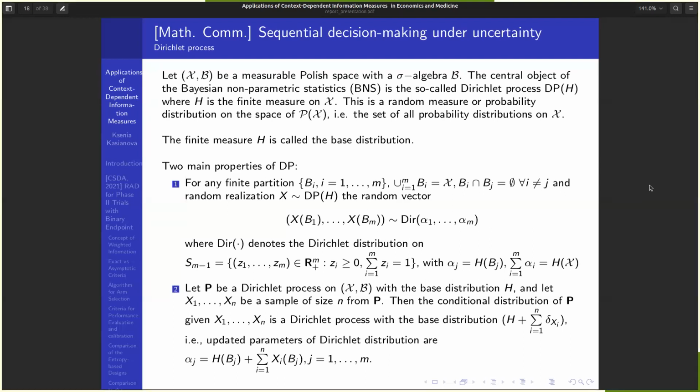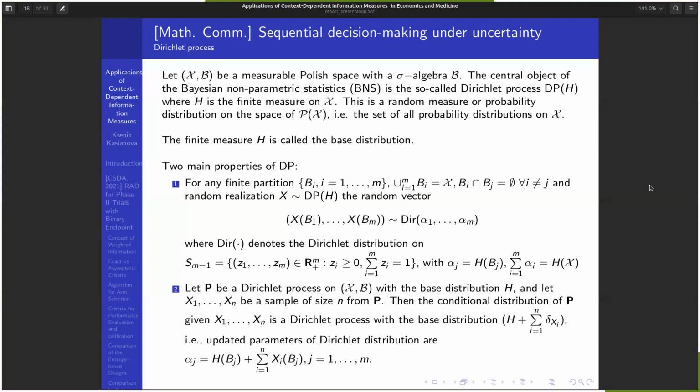And the Dirichlet process, DP of H, where H is a base distribution, has two main properties. For any finite partition Pi and random realization of random variable X, the vector X of B1 up to X of Bm follows the Dirichlet distribution.